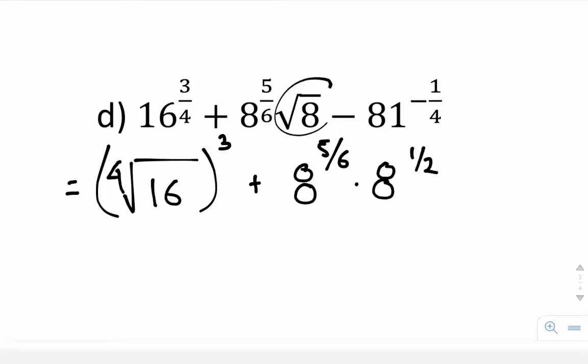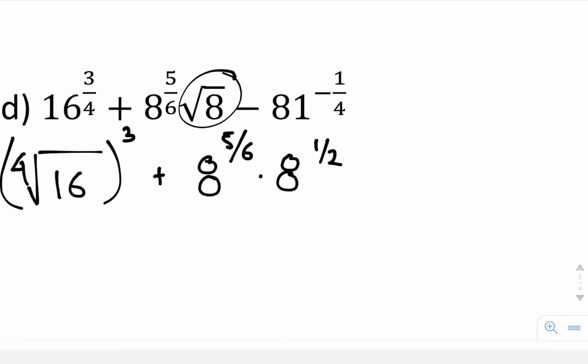Now what I did is I replaced this root sign with the equivalent exponent version of that expression for the radical. And then finally minus, let's reciprocate this, 1 over 81 to the exponent of 1/4.